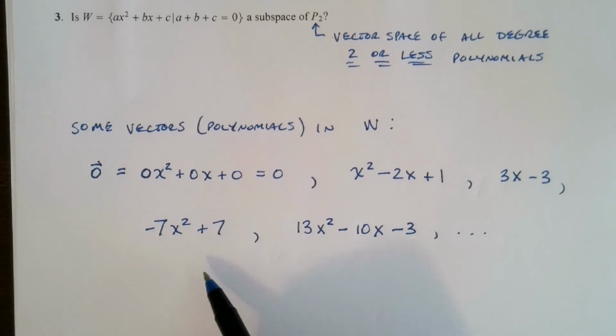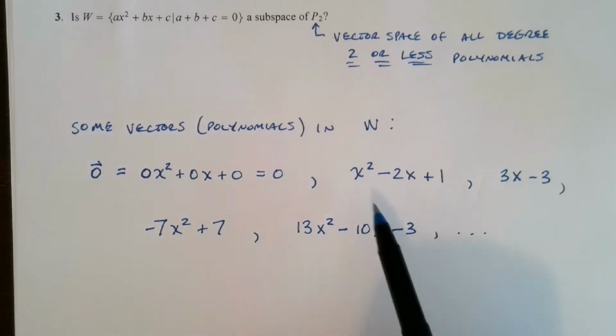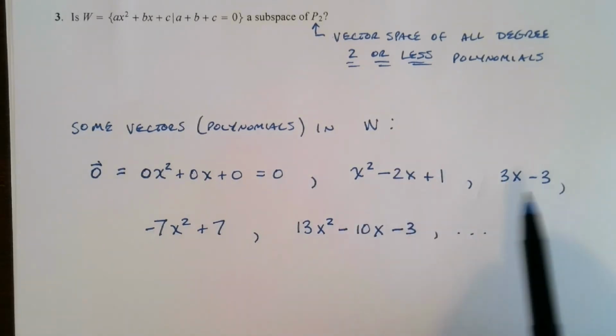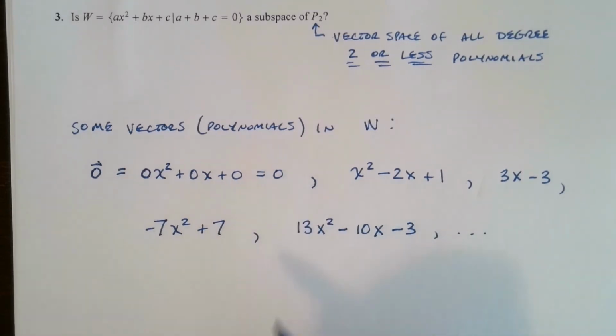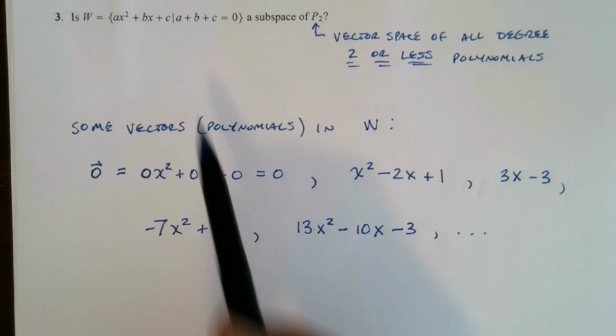Negative 7, 3, and positive 4. Do those add up to 0? Yes. As you continue to add these polynomials together, you're not going to reach a contradiction. You're not going to reach an example where it's not in the set.